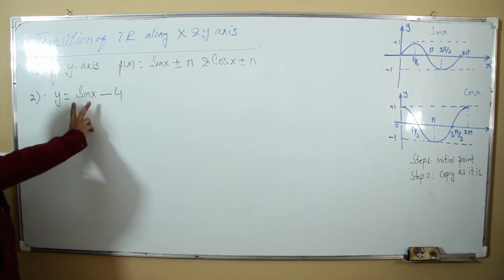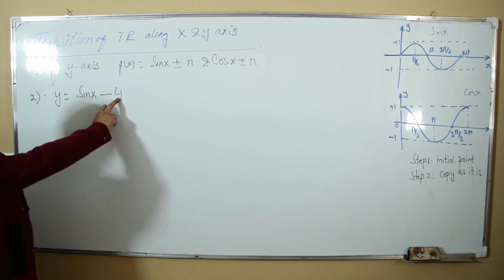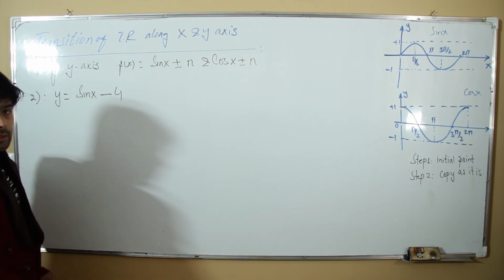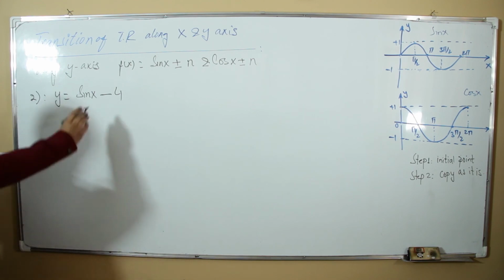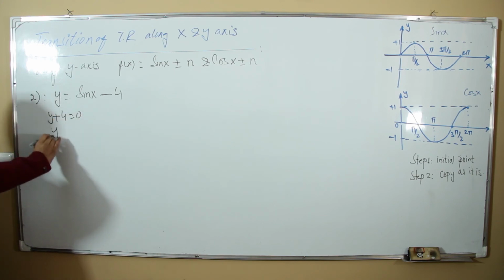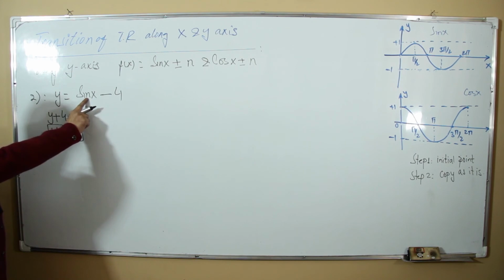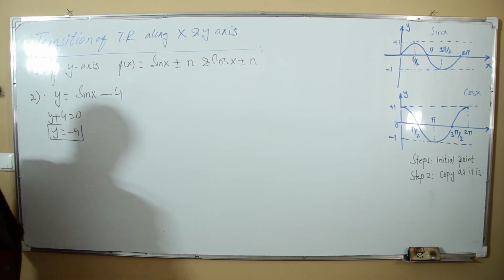First, this is a transition along the y-axis. Why? Because this 4 is not in a bracket with the angle. So put 4 on the left side: y, this minus 4 becomes plus 4, is equal to 0.